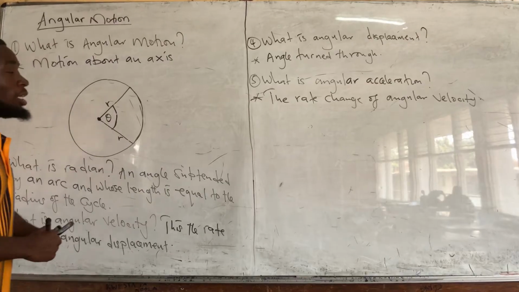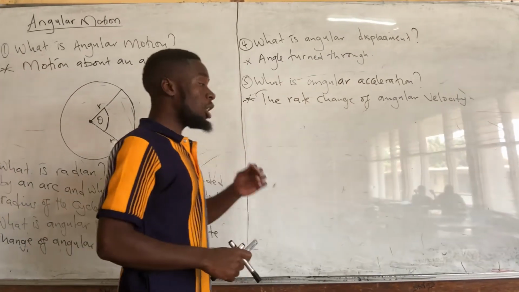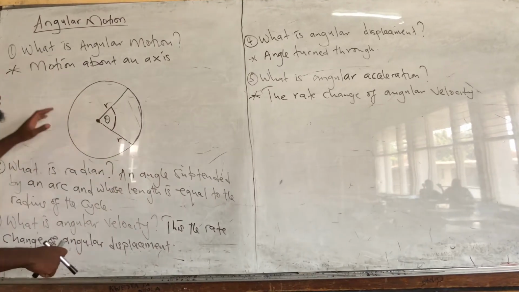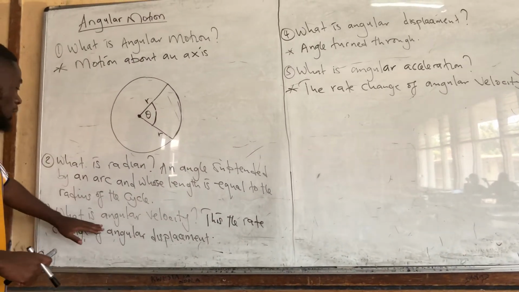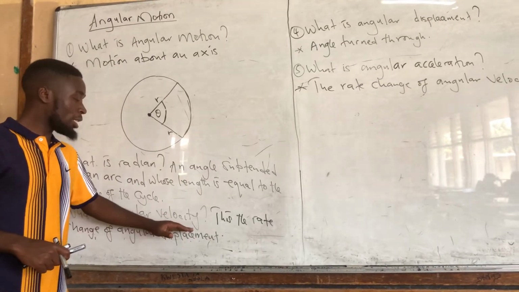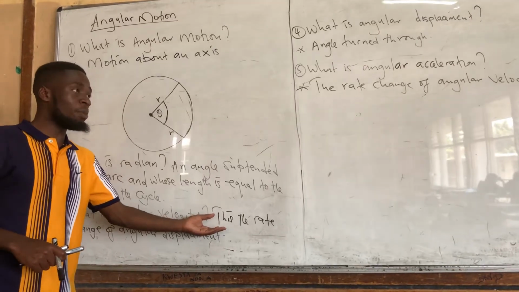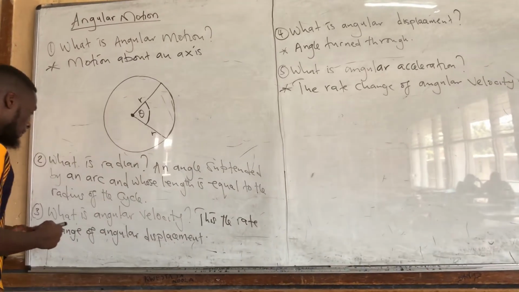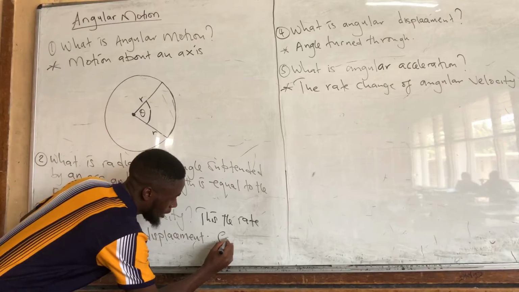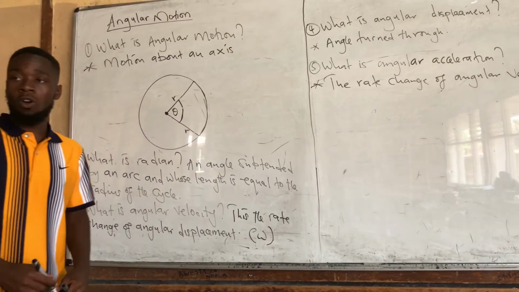Okay. But here, because we are talking about angular motion, for example, velocity is represented by letter v, but in this case, because we are talking about angular velocity, it will be represented by something like this, more like a W, but here is omega. It's just a Greek letter omega.